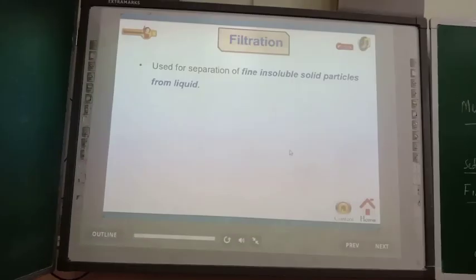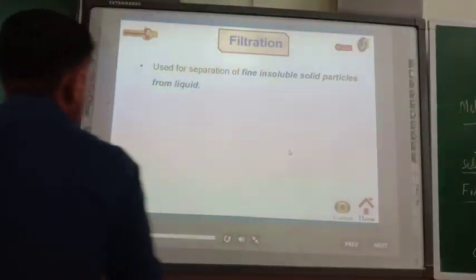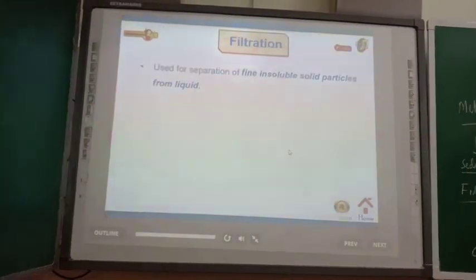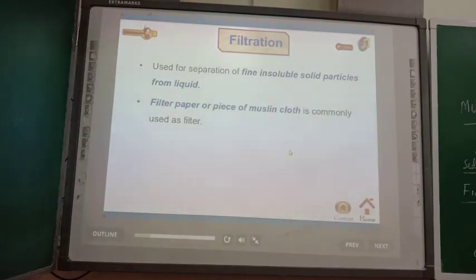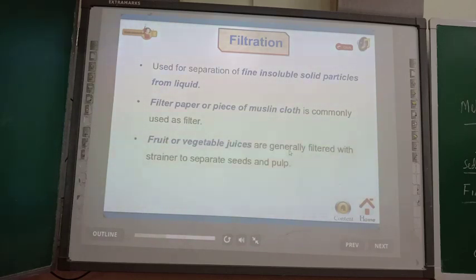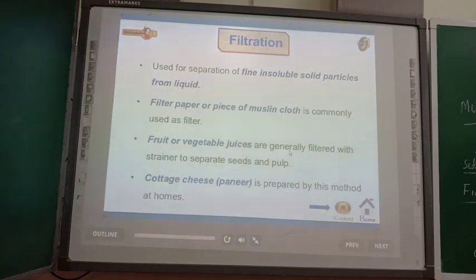So dear cadet, just see the filtration process. Filter paper or piece of muslin cloth is commonly used as filter. Fruit or vegetable juices are generally filtered with strainer to separate seeds and pulp. Cottage cheese or paneer is prepared by this method at homes.